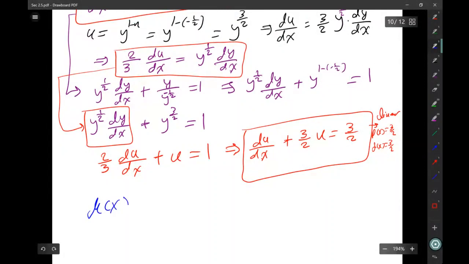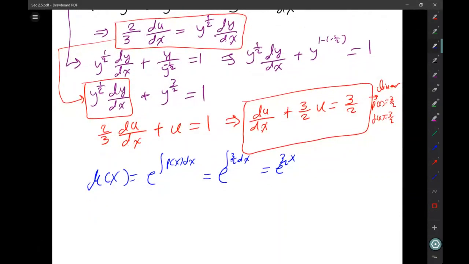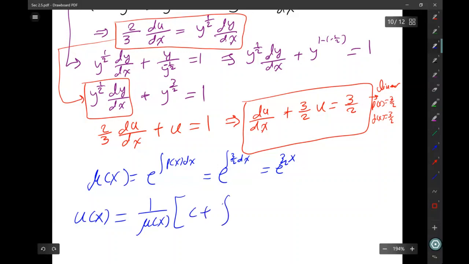Find the integrating factor mu of x, which is e to the power integral p of x dx, which is e to the power integral 3 by 2 dx, which is e to the power 3 by 2 x. Now the solution u, because my dependent variable here, u of x is 1 by mu of x times c plus integral mu of x times f of x dx.